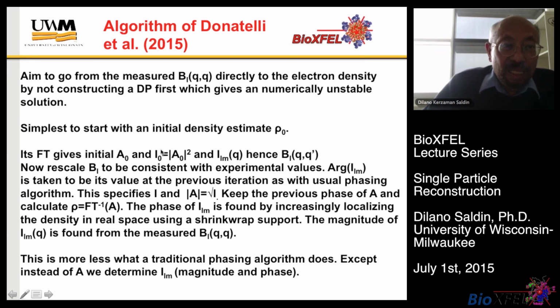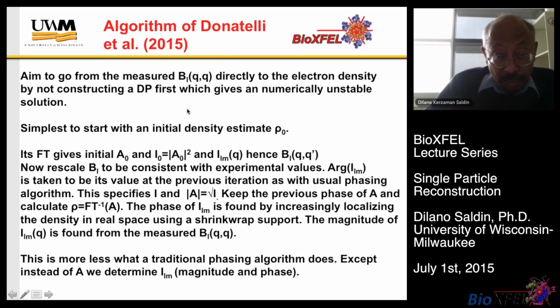Now, how does this work? So what we want to get is the intensity distribution, the spherical harmonic expansion coefficients. We know the B's are quadratic functions of the spherical harmonic expansion coefficients.